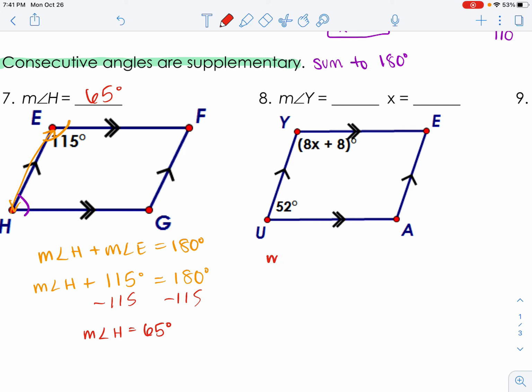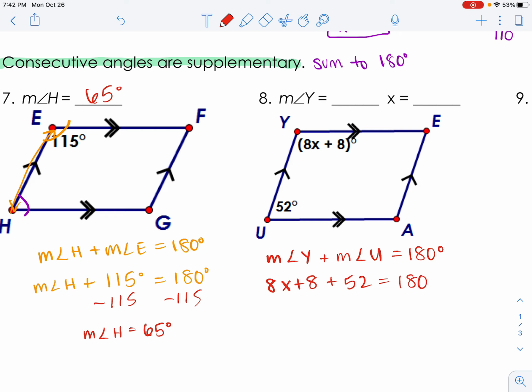So the measure of angle Y plus the measure of angle U equals 180 degrees. Let's plug in what we know. We know that the measure of angle Y is represented by the expression 8x plus 8. And I know that the measure of angle U is 52, equal to 180.